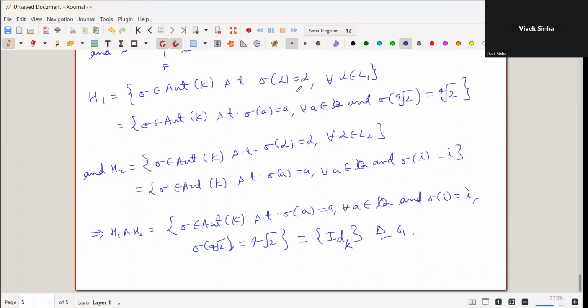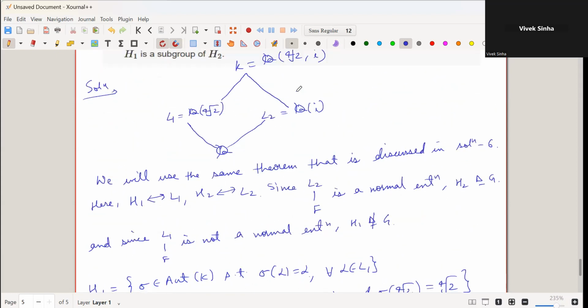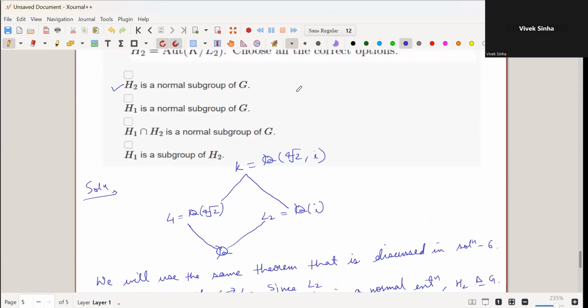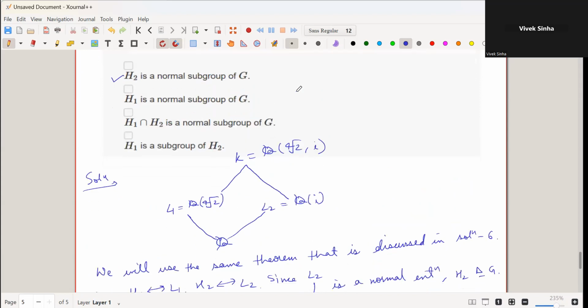And the identity subgroup is anyway normal in G. Okay. Now we hope that is okay. Is H1 a subgroup of H2? Clearly not, that is easily seen. So H1 is not normal. This is normal because it's just identity, and this is not.